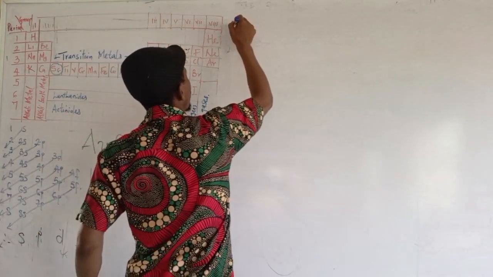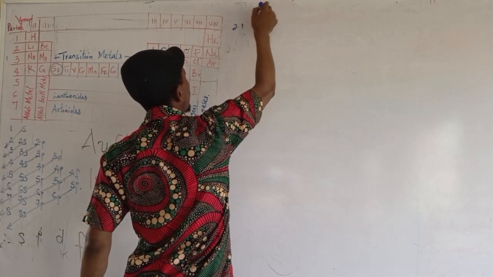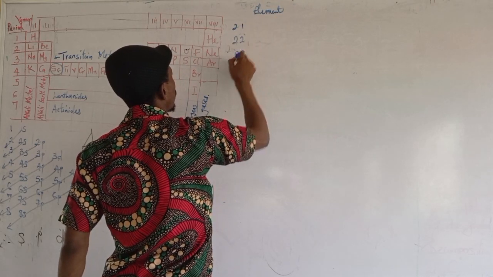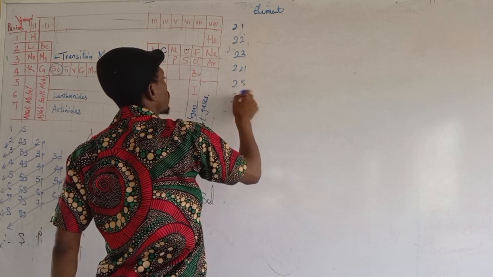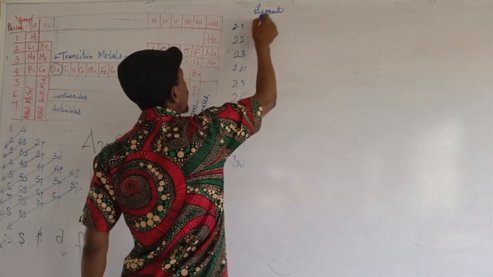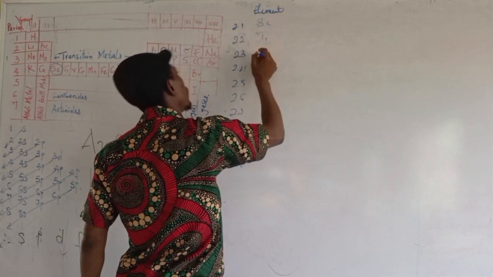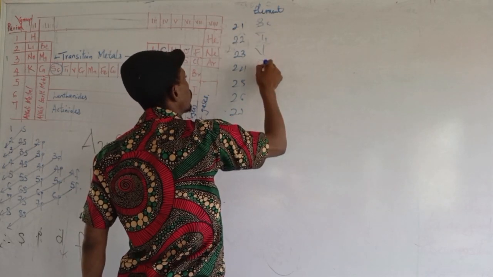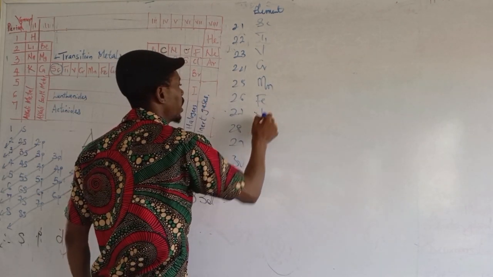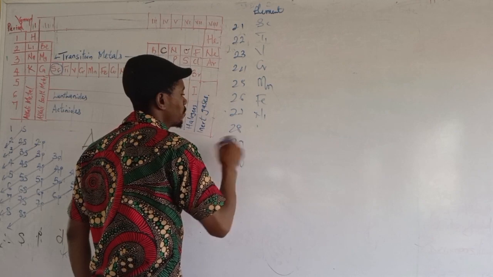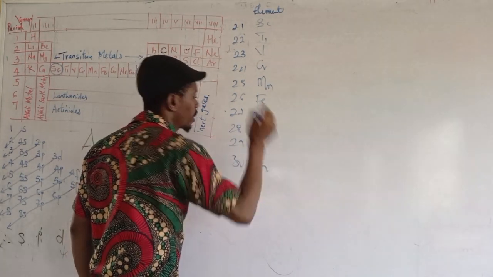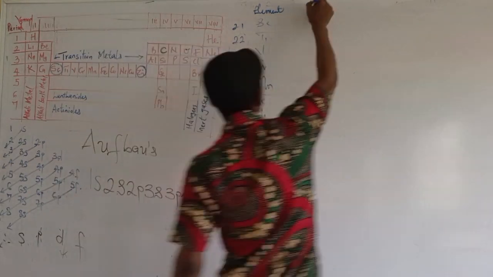So 21, these are the transition metals, the 21st, 22nd, 23rd... So we have scandium, titanium, vanadium, chromium, manganese, iron, cobalt, nickel, copper, and then we have zinc. Alright, so this is our configuration.